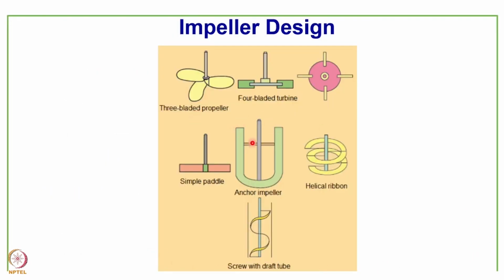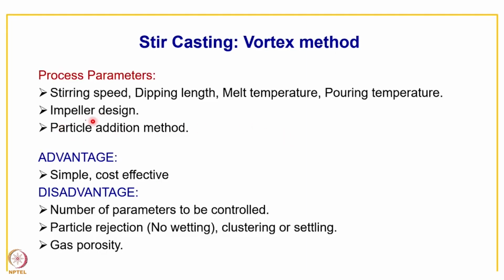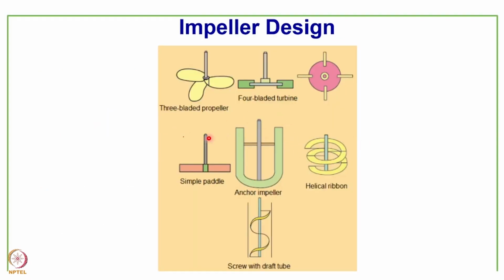So these are some of the impeller designs that you can see over here. As I was mentioning, the impeller design might also have some effect on the process. So these are different types of impeller design that you can see over here, such as a 3-blade propeller, 4-blade, 2-blade, or other kinds of geometries.